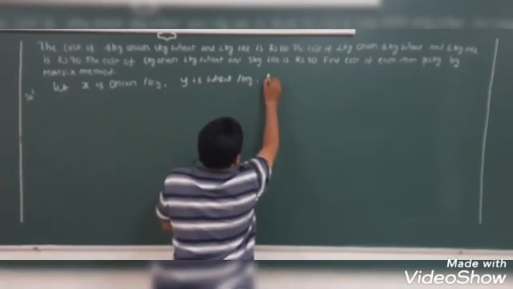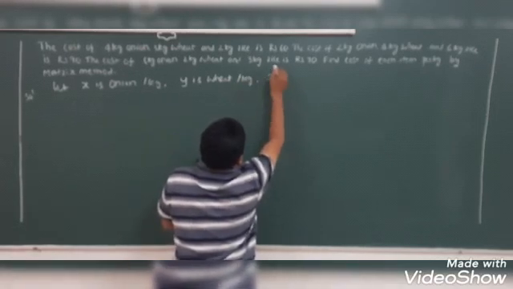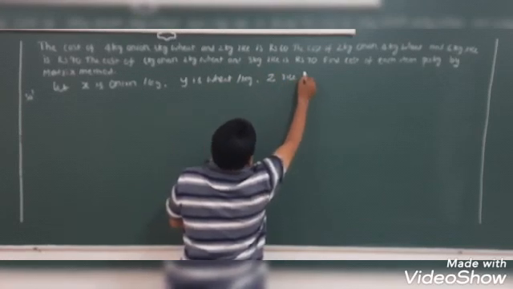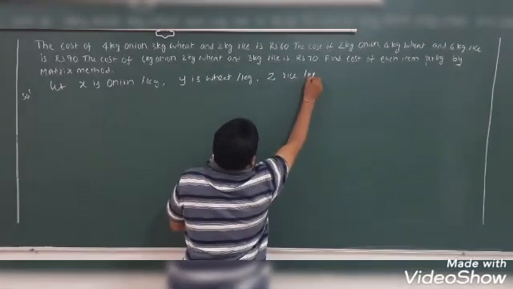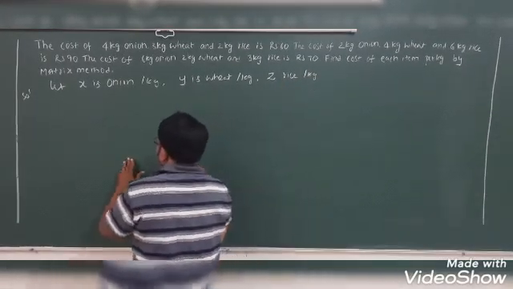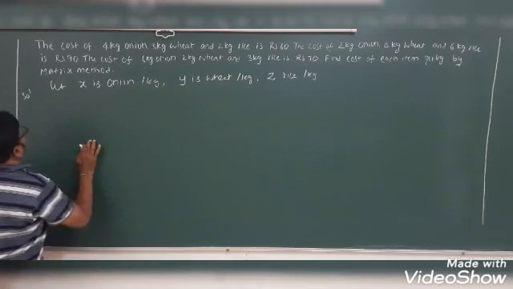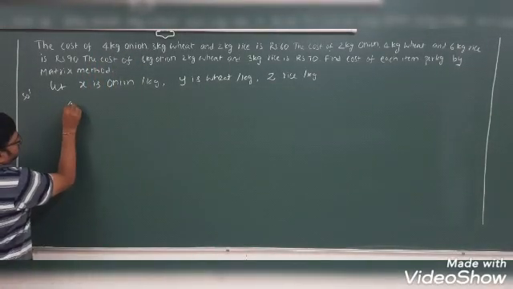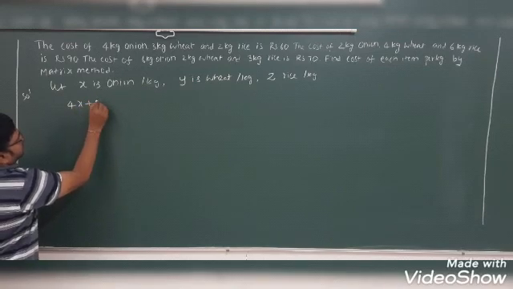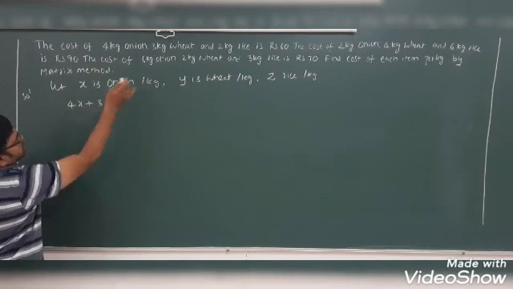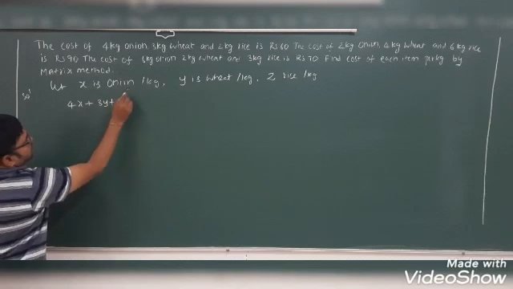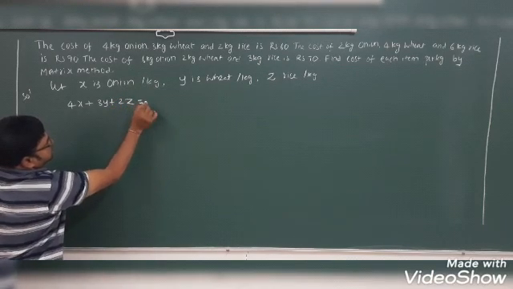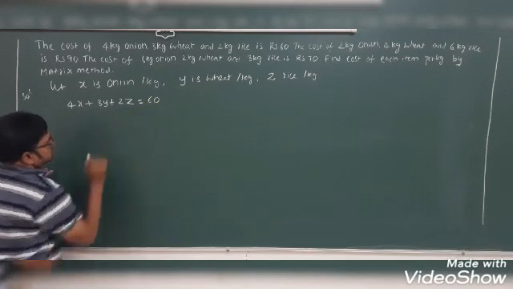Next, let z be rice per kg. Now see here what they have given. The cost of 4 kg onion, that implies 4x, and 3 kg beet, 3y, and 2 kg rice, 2z is equal to 60.